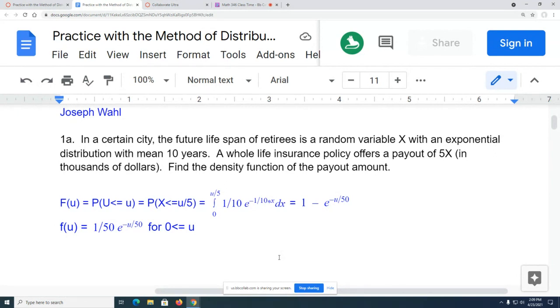Then dx is equal to negative 10 du. So we're actually getting 1/10 times e to the u, and dx of 10 du. Let's just cancel that.